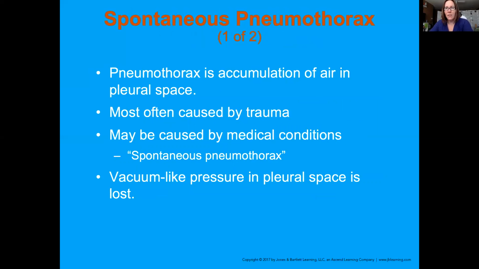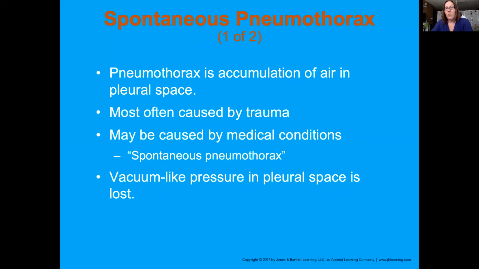Spontaneous pneumothorax, this again is from chest trauma when you think about your mod 5. We can have a non-traumatic spontaneous pneumothorax occur. This can happen in elderly people. Take a deep breath or cough. Some people are just predisposed to having a weakened lining of their lungs. We don't have any real way of knowing that.